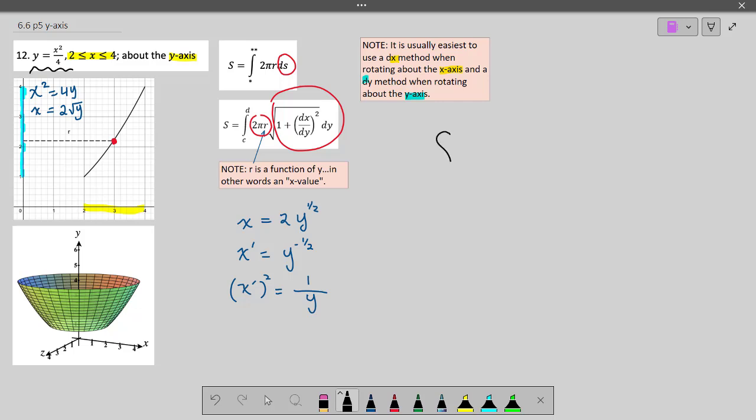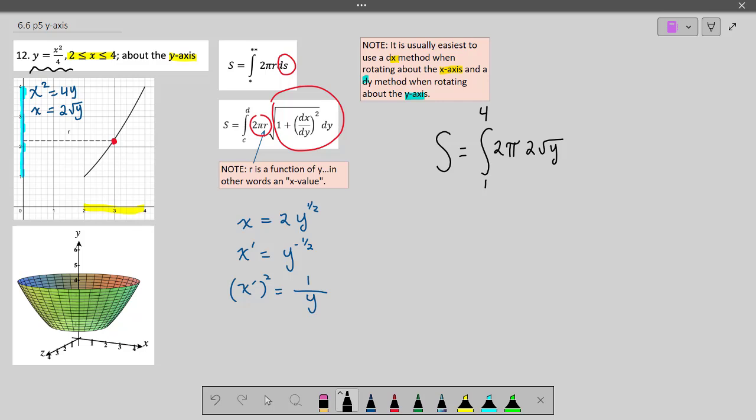So our surface area is the integral. The y limits over here are going to be 1 to 4. And then the 2 pi times the radius. The radius is this horizontal distance. That's an x value, measuring horizontal distance. That's our function, 2 times the square root of y.